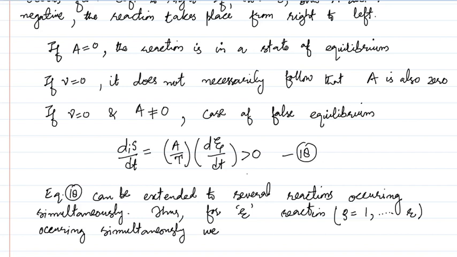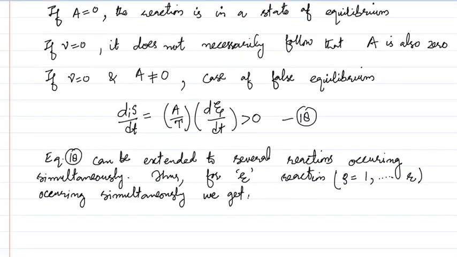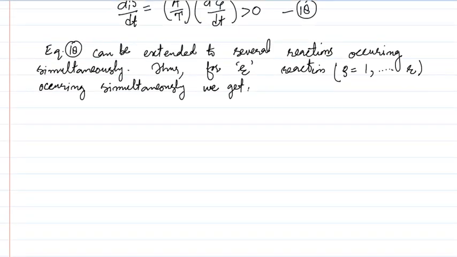We can simply transform this equation 18 that dS will be equal to 1 upon T summation of ρ A ρ dζ ρ greater than 0.